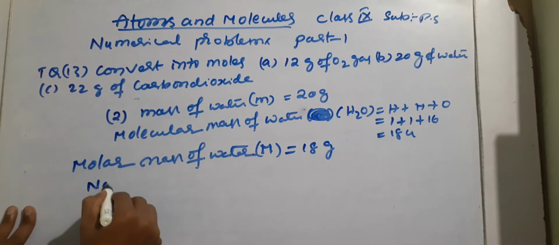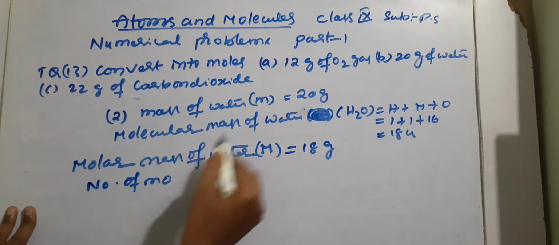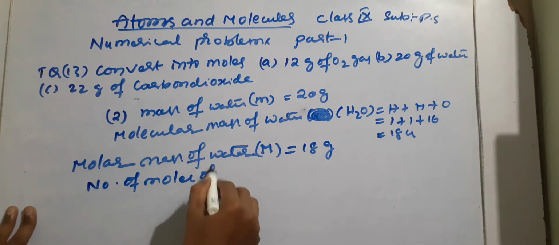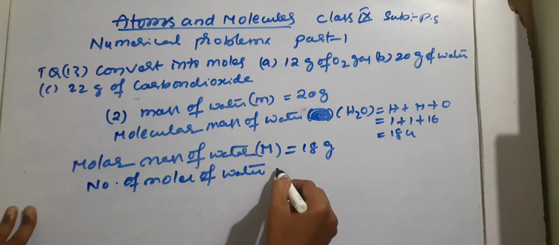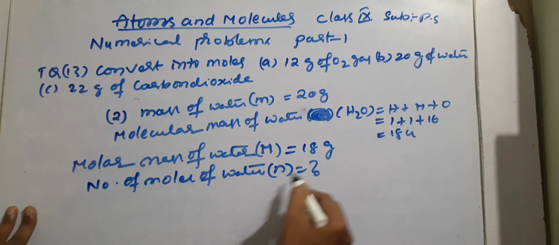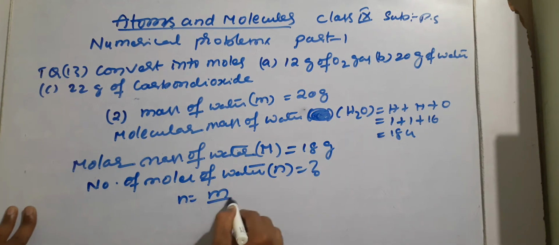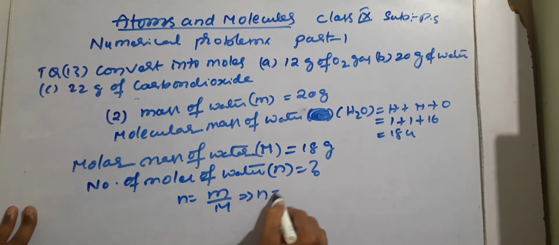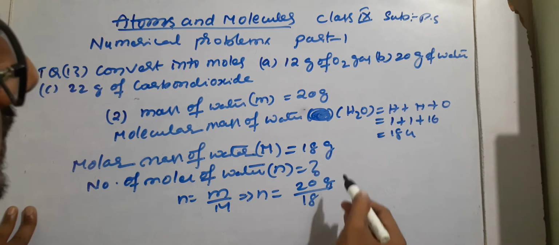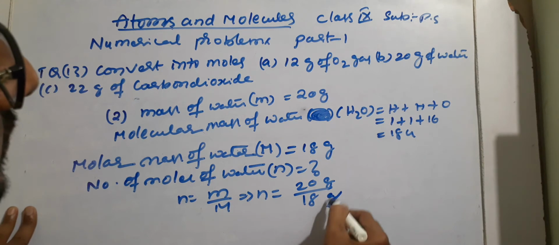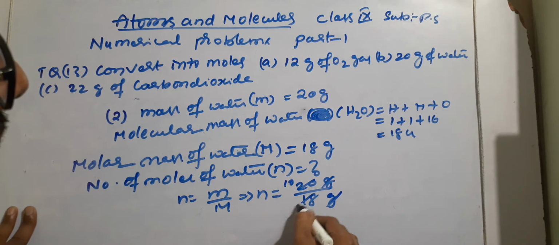Now how many moles of water are present in 20 grams? The number of moles is denoted by N, students. N is given by the formula small m by capital M. So small m is 20 grams and this one is 18 grams. Grams cancel, 2 tens, 2 nines.